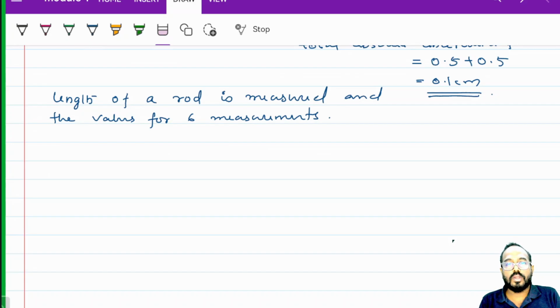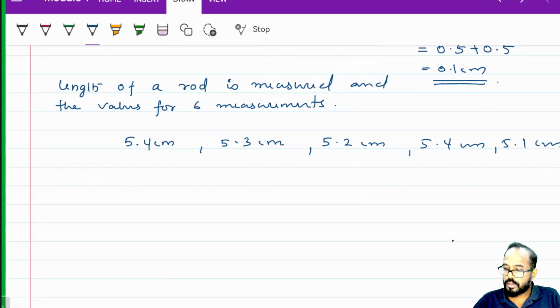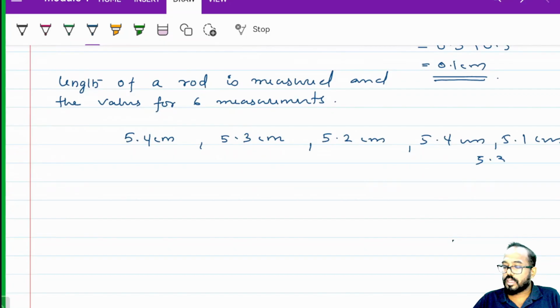So the length of the road is measured and the measurements are: first measurement 5.4 centimeter, second one 5.3 centimeter, third one 5.2 centimeter, 5.4 centimeter, 5.1 centimeter, and another measurement 5.3 centimeter. So these are the measured values when you took 1, 2, 3, 4, 5, 6 measurements.